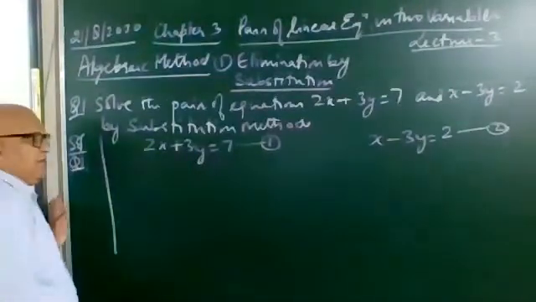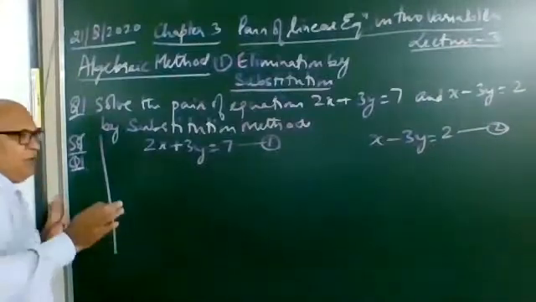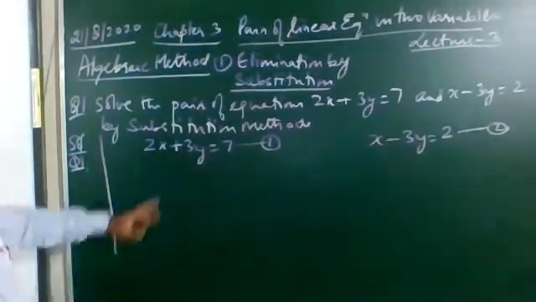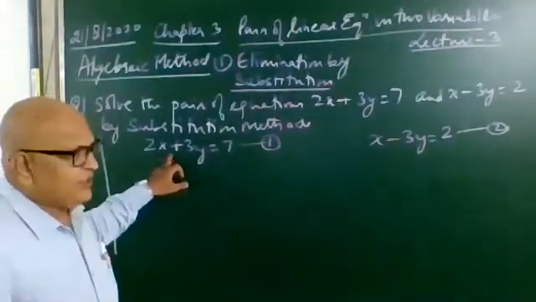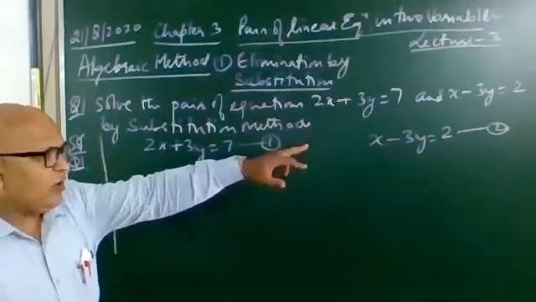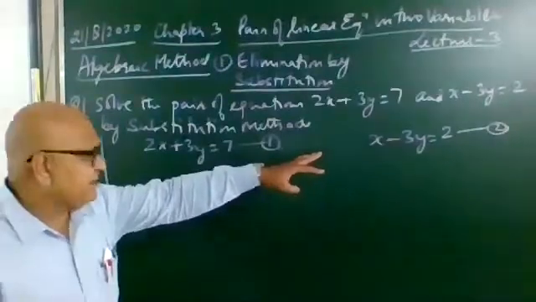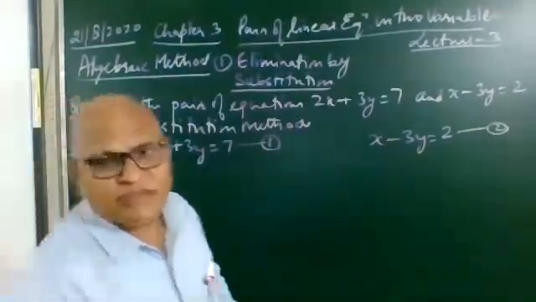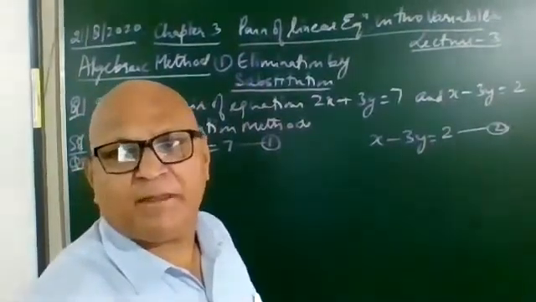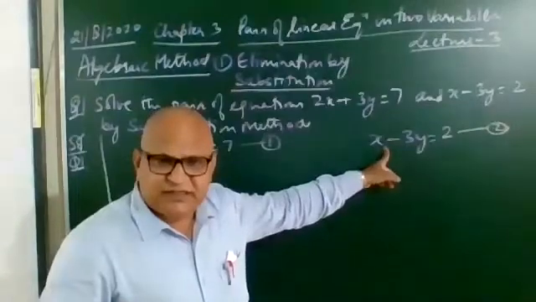Now you have to see from which equation you can find the value of x easily. You can find the value of x from this equation and put it in that equation, or find the value of x from that equation and put it in equation number 1. For me, I will find the value of x from this equation.